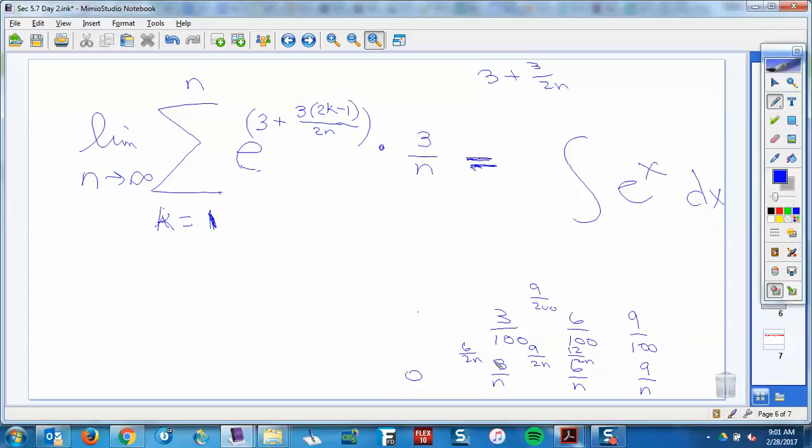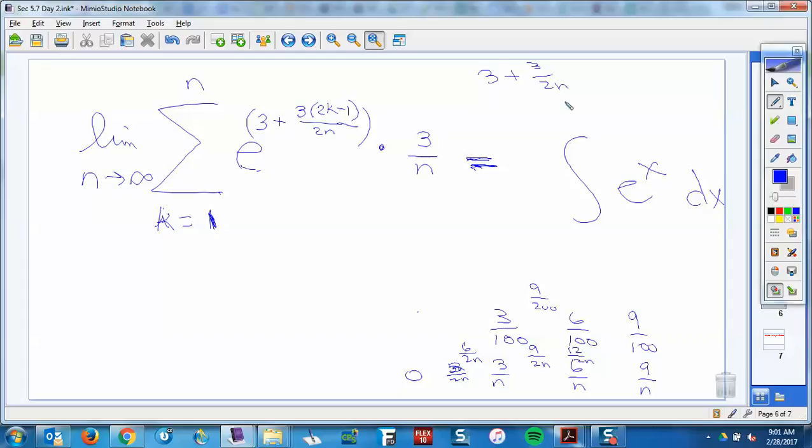So if this is 0 over here, 3 over n, halfway between there is going to be 3 over 2n, because the 3 over n is 6 over 2n, so halfway is 3 over 2n. So 3 plus 3 over 2n, isn't that half a width? 3 over 2n is half a width. So 3 plus 3 over 2n should be my first midpoint, right?